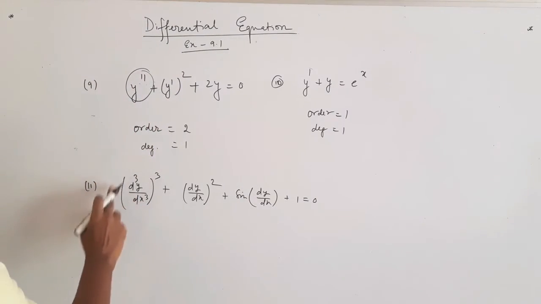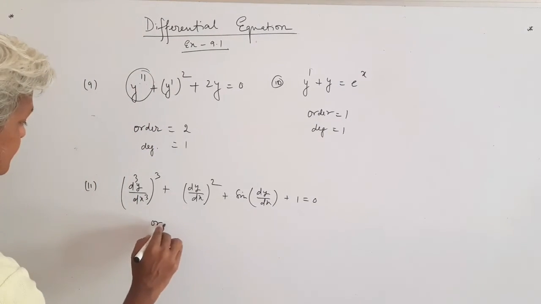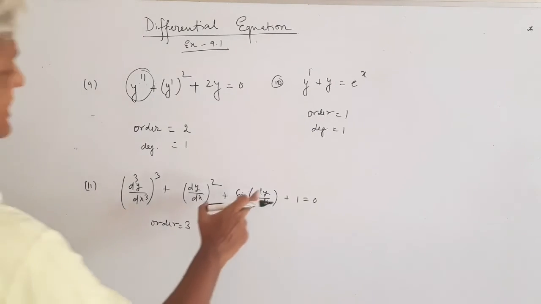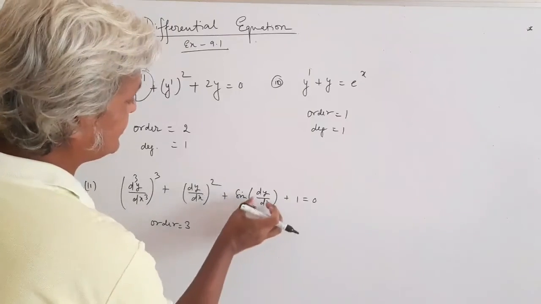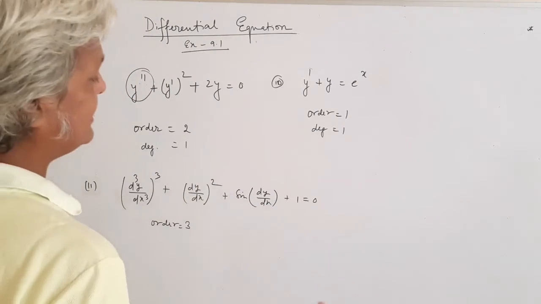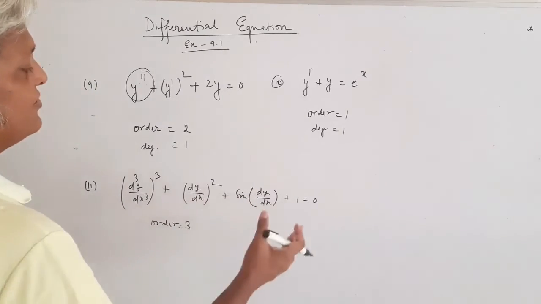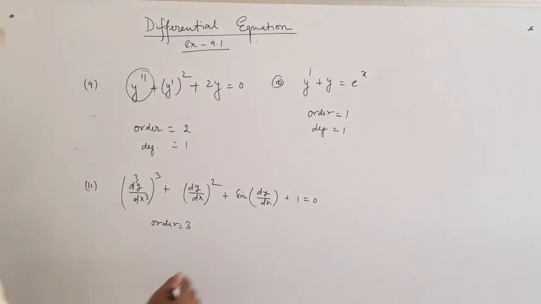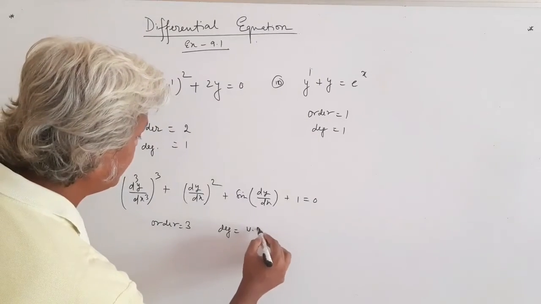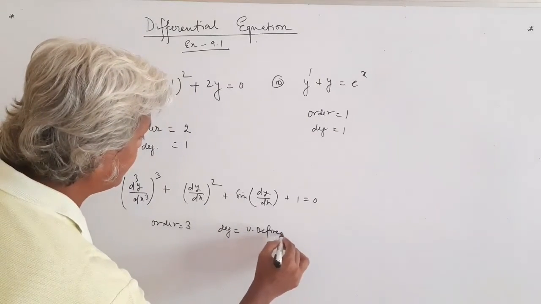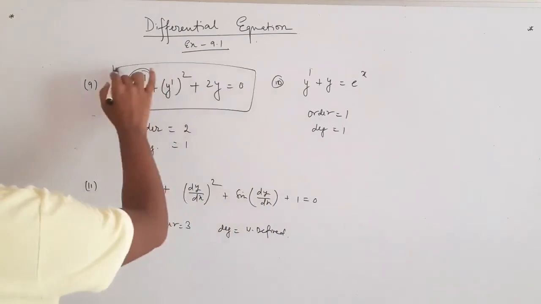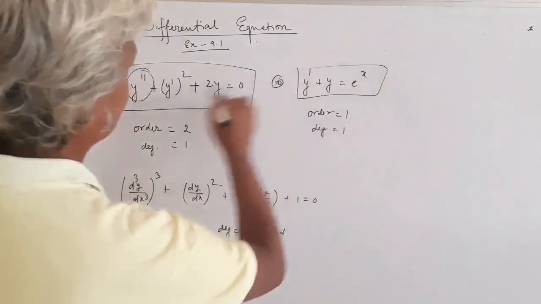Now you see the order is 3, but to get rid of this so that this dy by dx becomes free, again we need to get it expressed in terms of sine inverse, means it will be undefined. So degree is not defined because this cannot be expressed in the proper polynomial like this or like this.